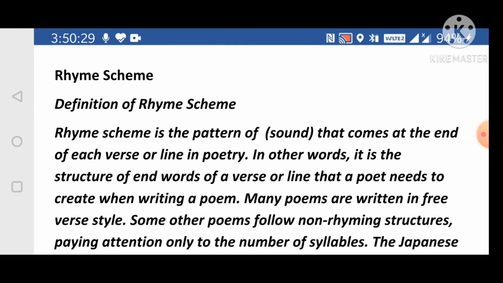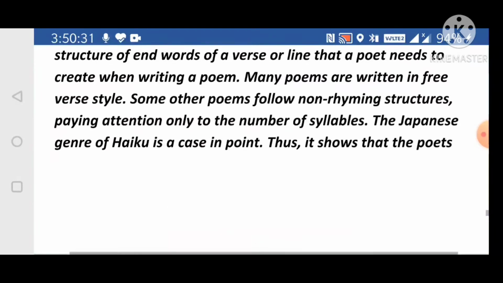Many poems are written in free verse style. Some other poems follow non rhyming structures, paying attention only to the number of syllables. The Japanese genre of haiku is a case in point.